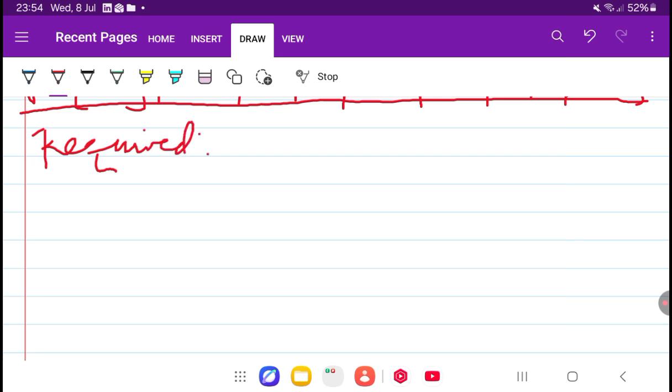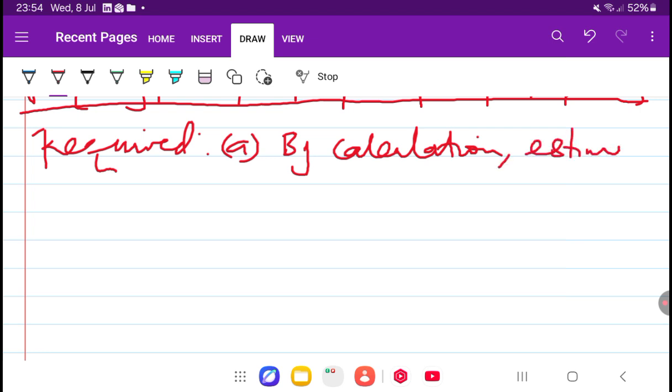So the required says part A, by calculation estimate the median.